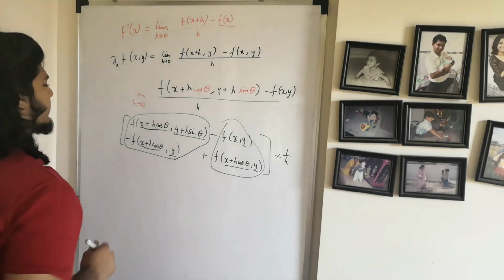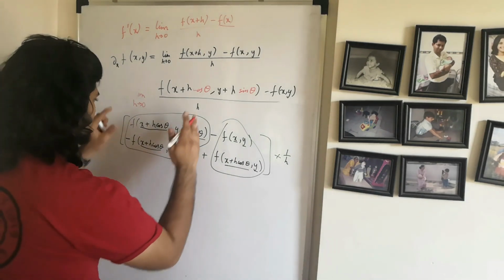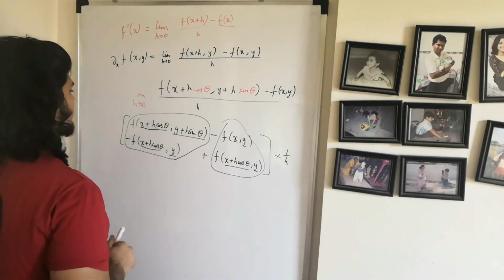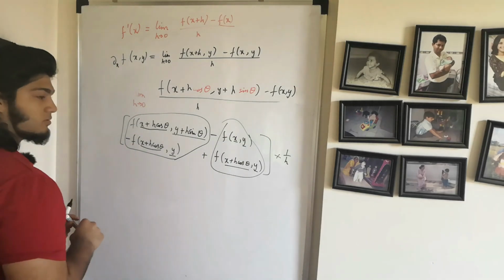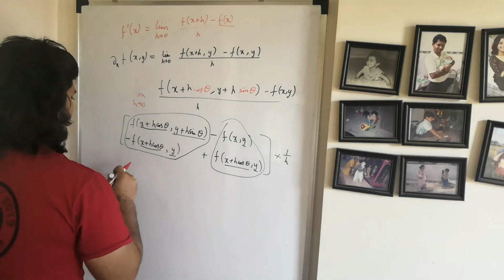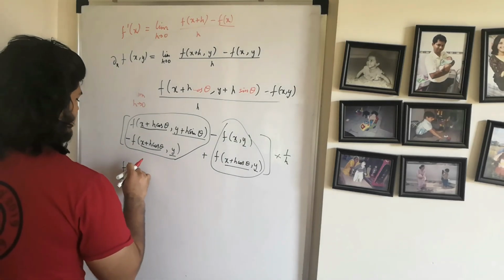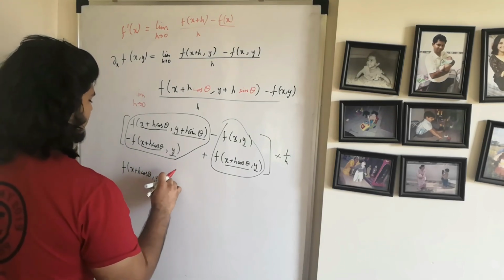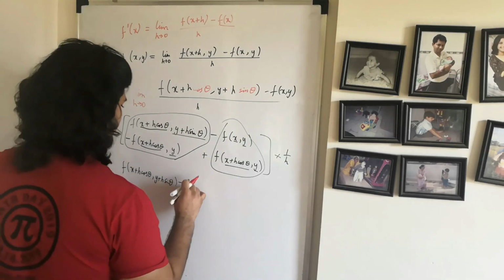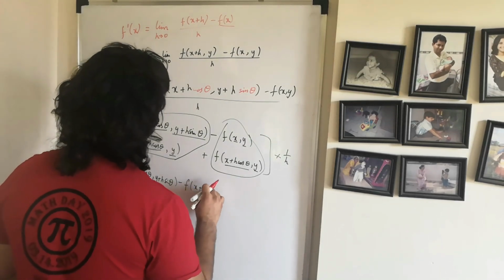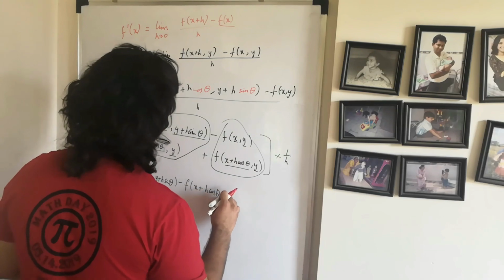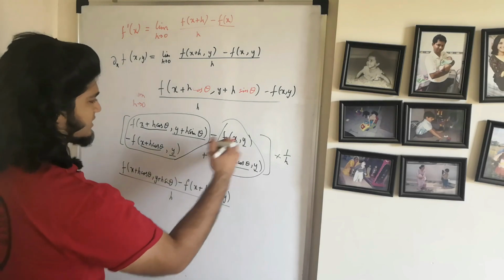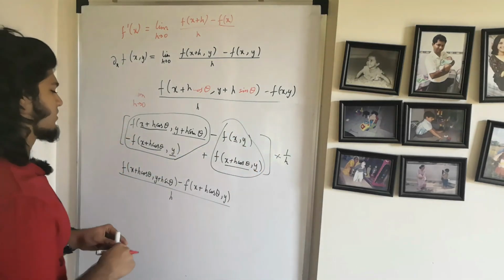Since we know how to evaluate the difference of these two terms and these two terms, let's break it up into two fractions. So we'll have f of x plus h cos theta, y plus h sin theta, minus f of x plus h cos theta comma y, divided by h. We'll look at the other part later. Let's first look at this part.